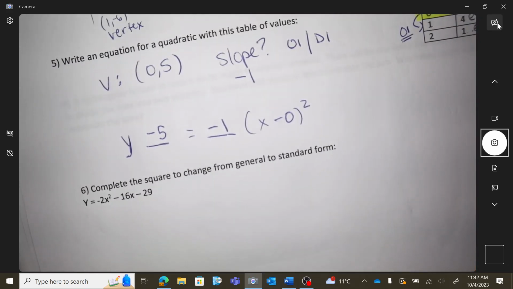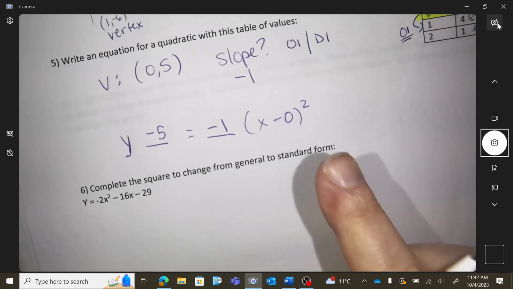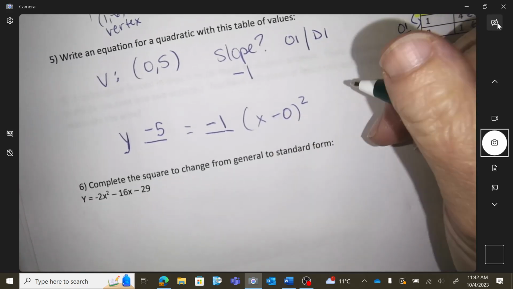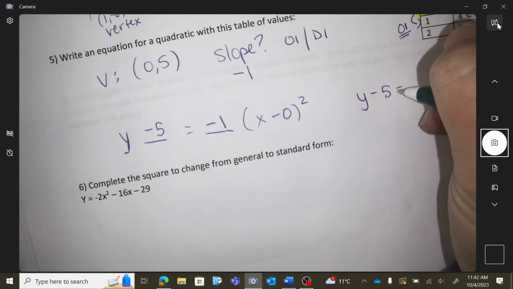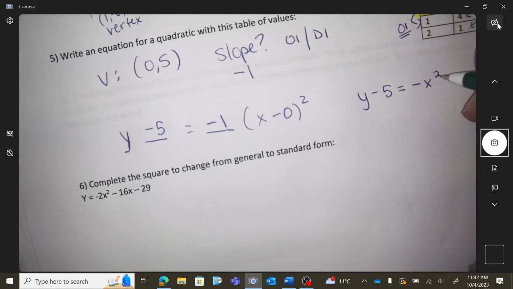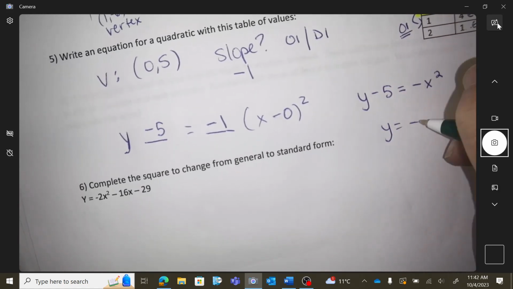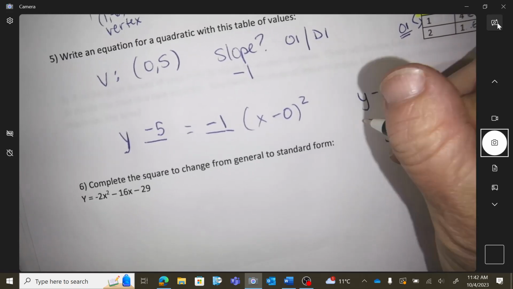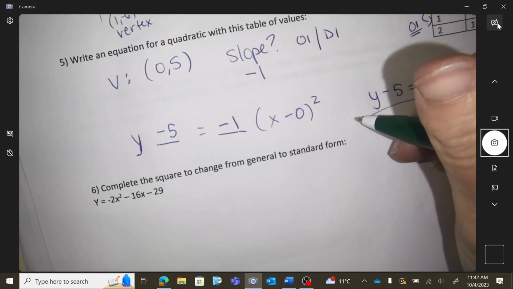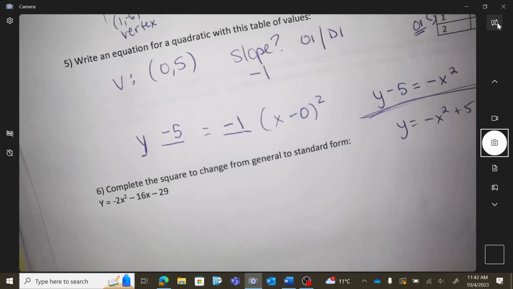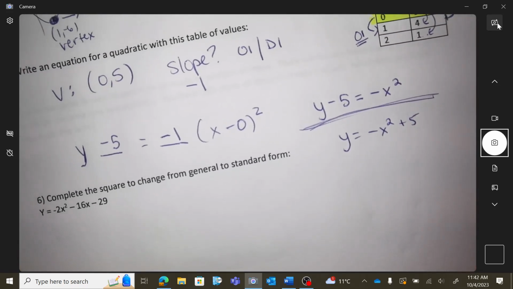I'm going to make this look prettier because this is weird looking for me in math, because I don't want -0. So it doesn't matter to me. I like both of those options to kind of finalize your equation.